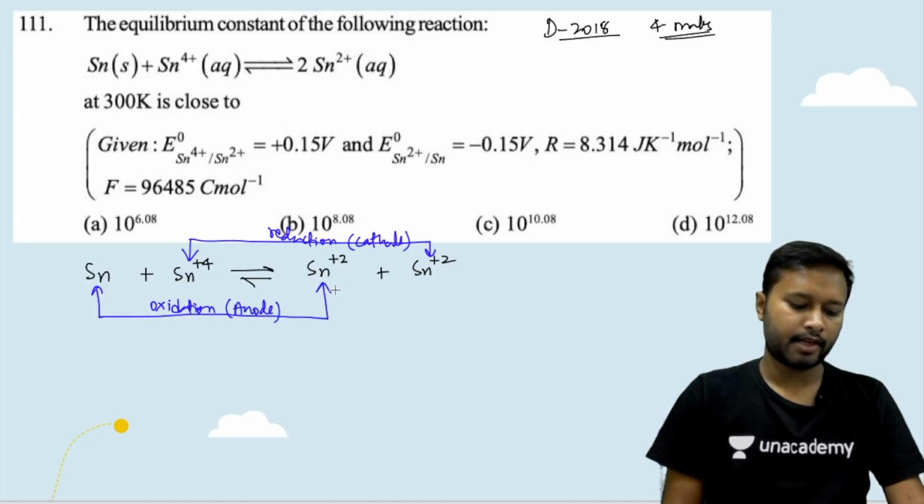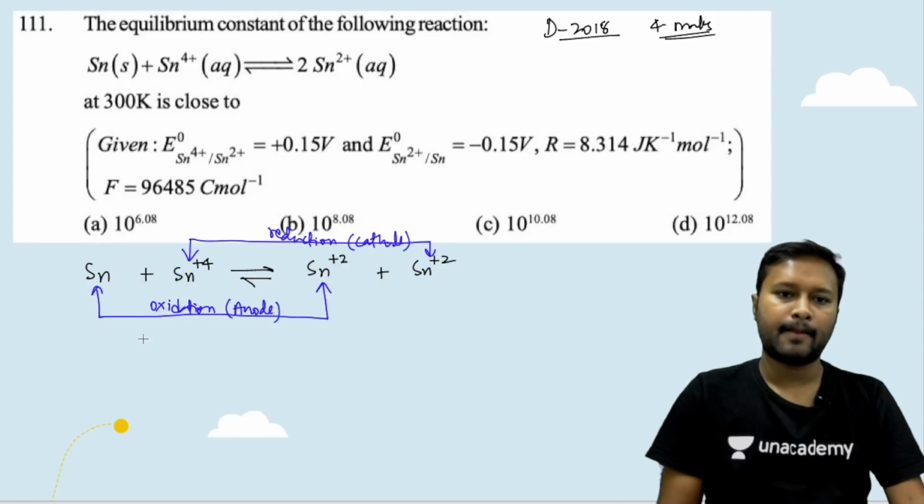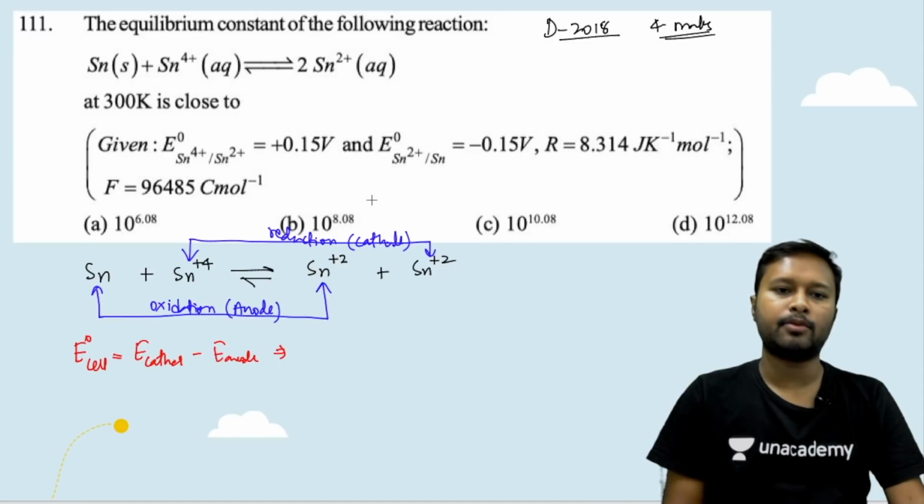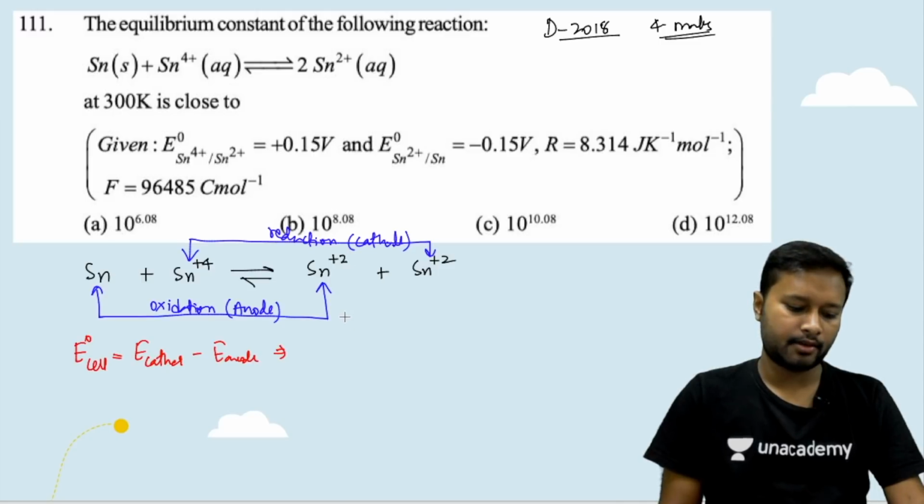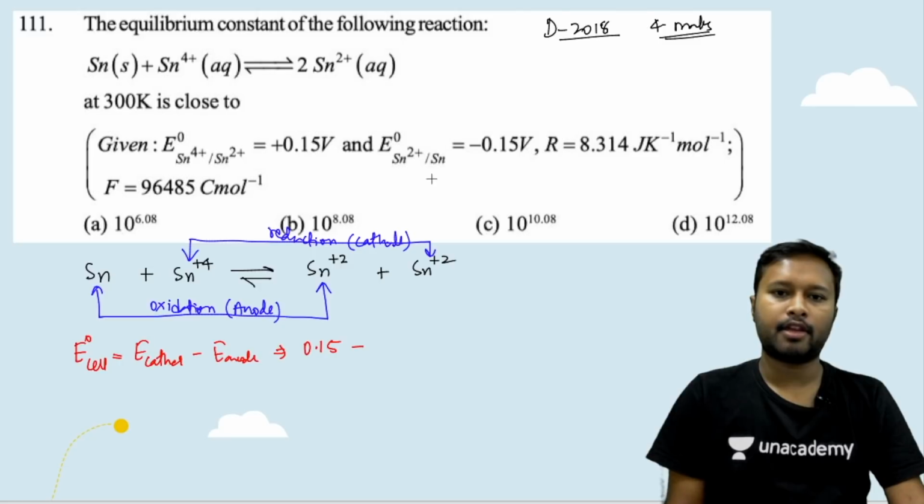Right, now once you know that, you have to find the E naught of the reaction. E naught of cell will be calculated as E cathode minus E anode. If you put these values, E cathode is given for Sn plus 4 to Sn plus 2 as 0.15, and minus for the anode.